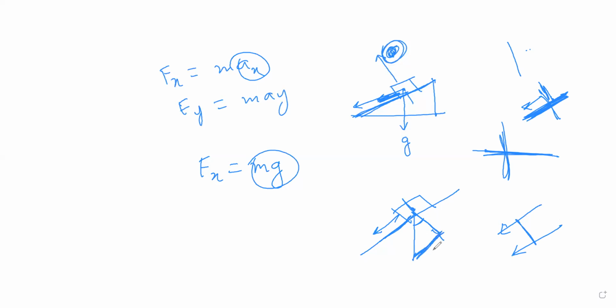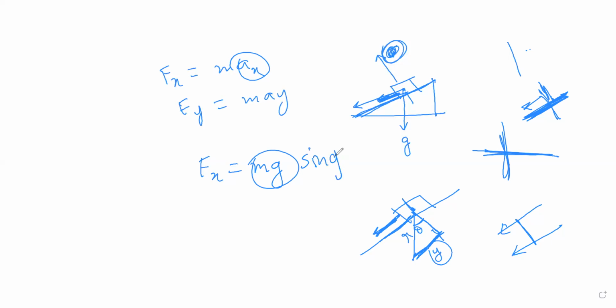Suppose this portion is our y. So this is theta, and this is our r. This direction will be sine theta, because opposite over hypotenuse, right? So this direction will be mg sine theta.